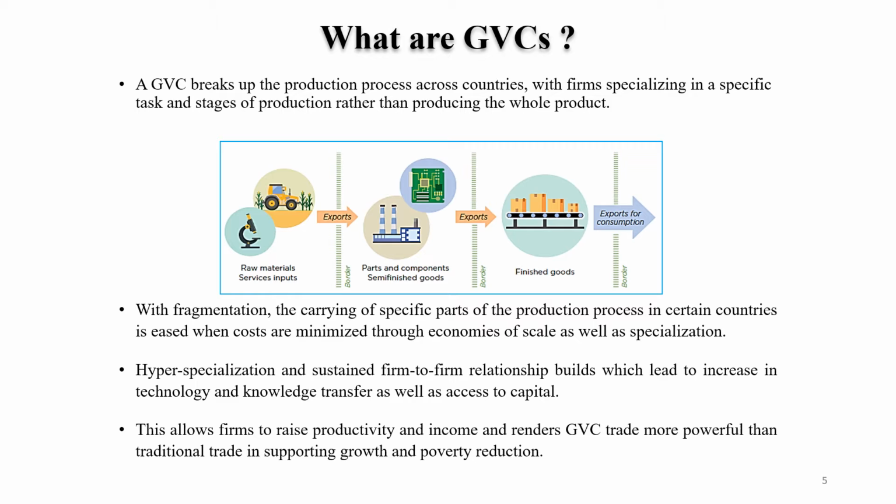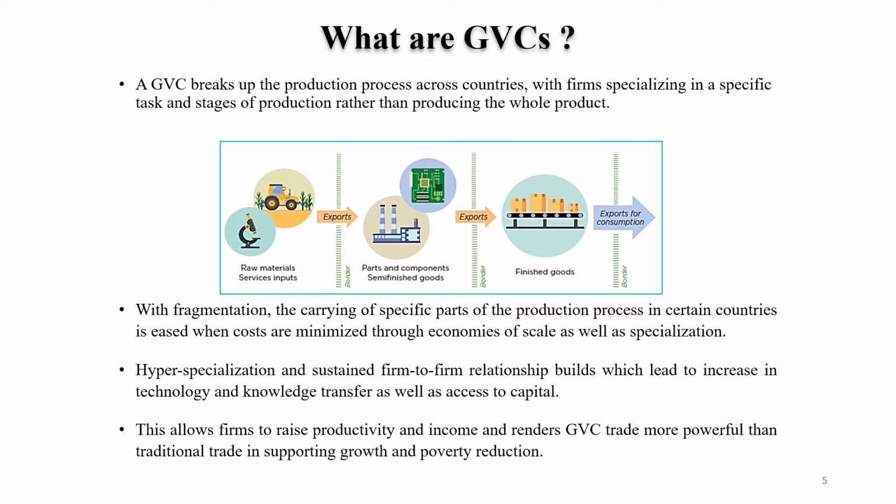So what is a GVC? A GVC breaks up the production process across countries, with firms specializing in specific tasks and stages of production rather than producing the whole product.